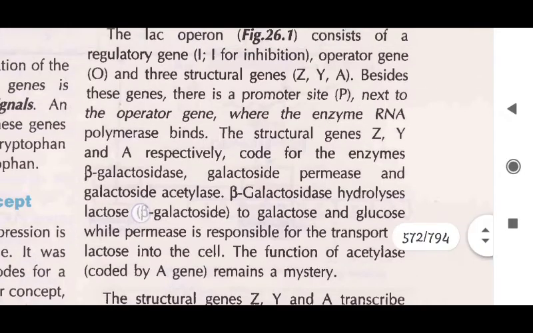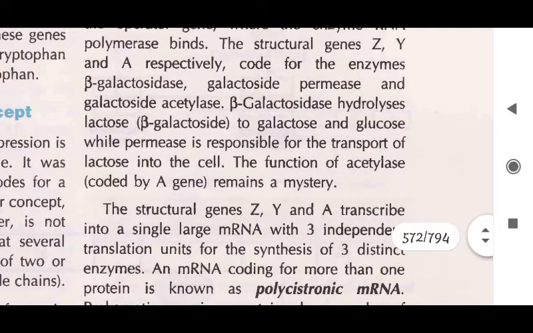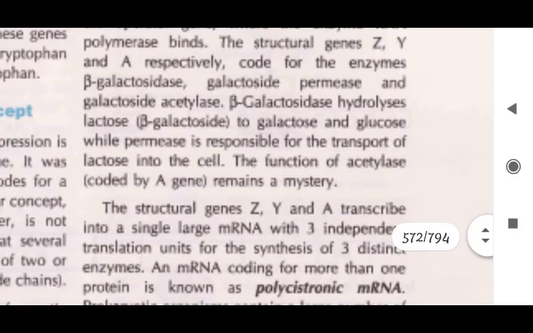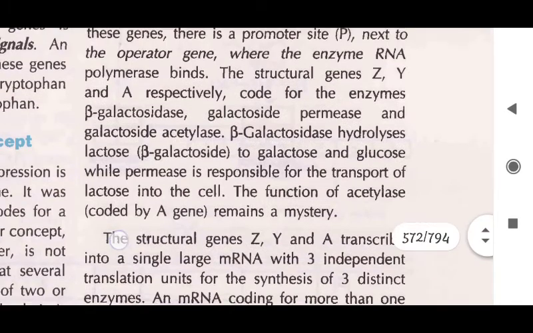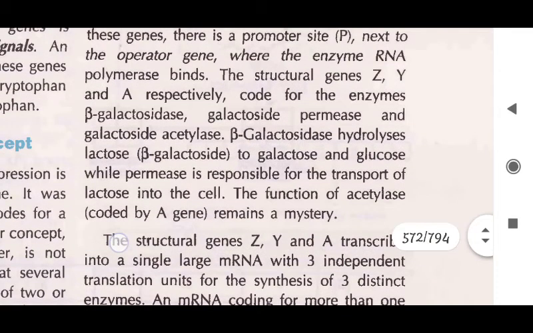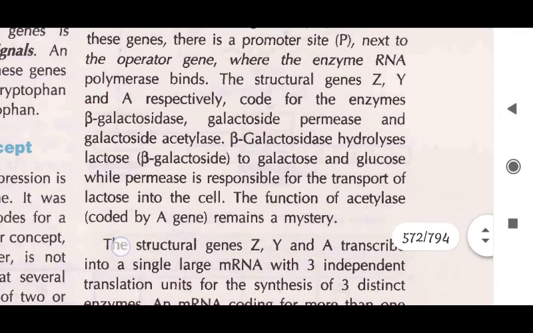Now, what are galactosides, glucosides, and lactosides? Galactoside is a glycoside which consists of only galactose. Glycosides are actually molecules which have a sugar bound to another sugar by a glycosidic bond.